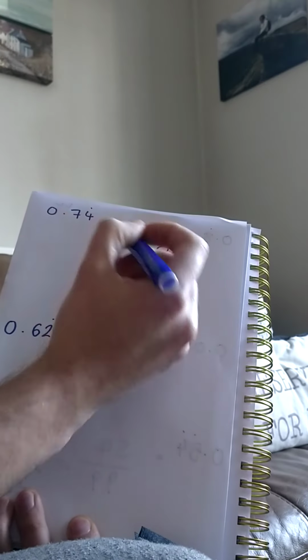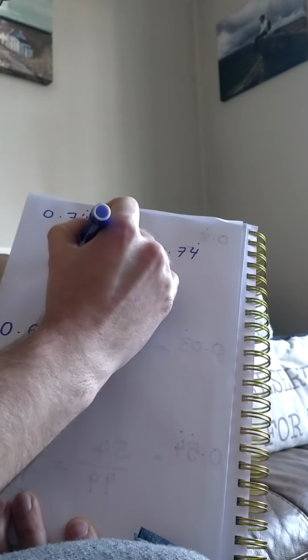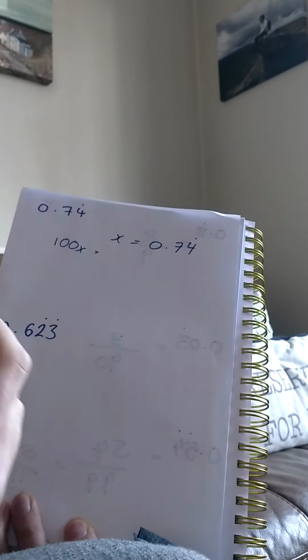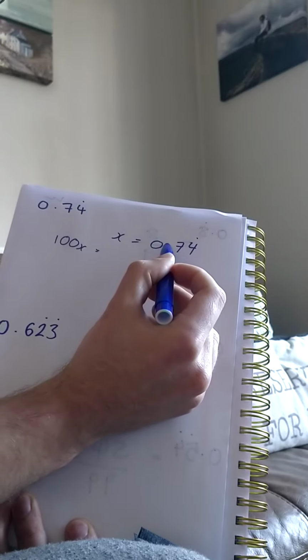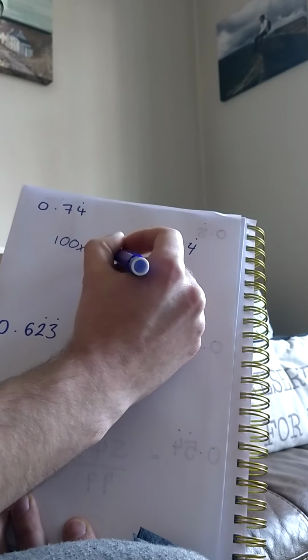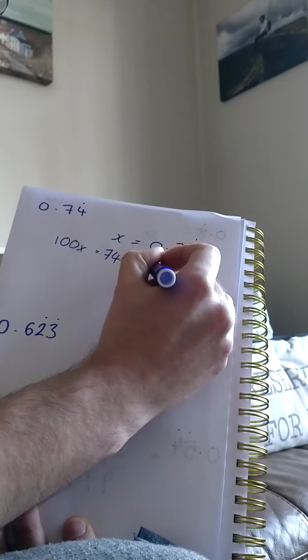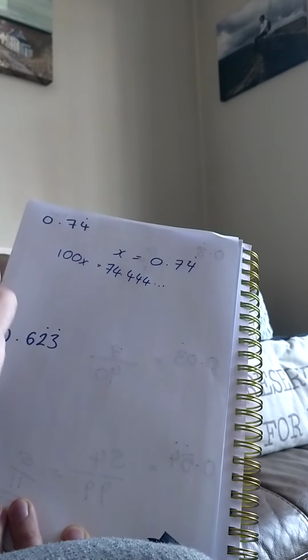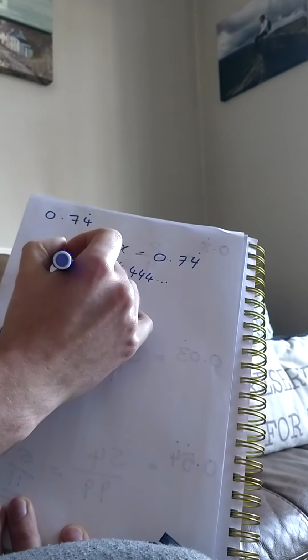What you need to do is then do 100x, you times it by 100. If you times it by 100, the decimal point is going to jump 2 places, so this is going to be 74.444, and that carries on. And then you also need to times x by 10.